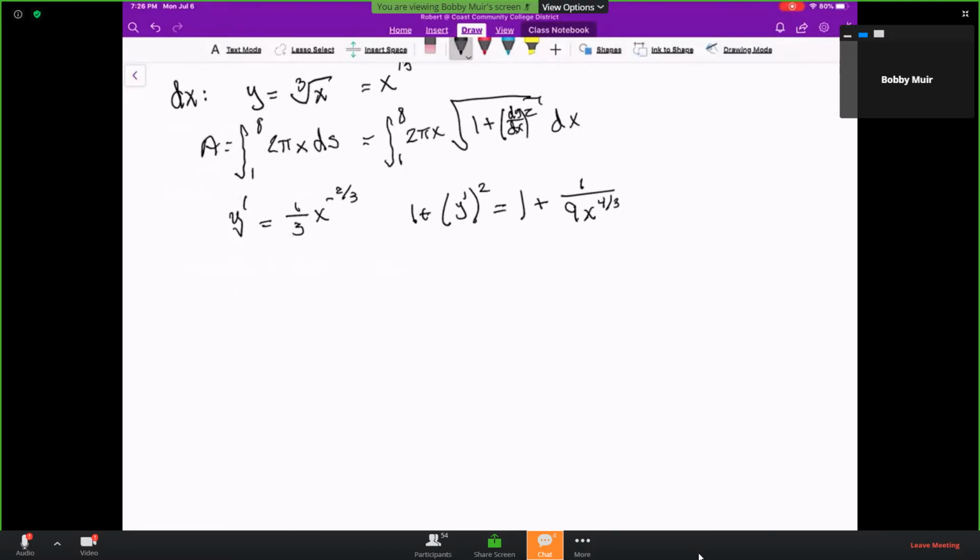Okay, so the area is going to be from 1 to 8, 2 pi x. Now the x just stays there as its own letter, okay? When I do this in the normal lecture class, I actually go through the frustums as to why this is working with a dy and a dx. But I think that now, because of our discussion of ds, maybe I don't need to do that anymore.